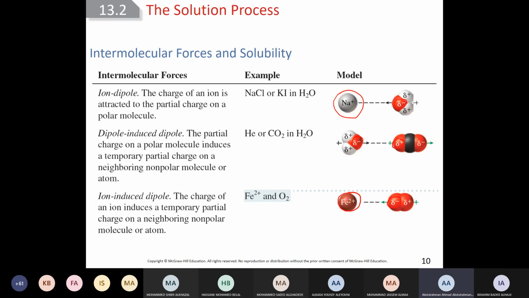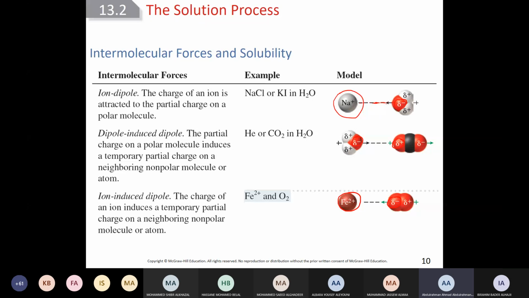What do I mean by this? NaCl dissolves in water, as I just explained. Na has a plus charge, and water is polar, so there is a negative charge, and these make the bond, and that's why it dissolves.